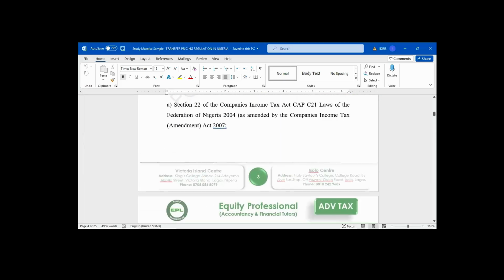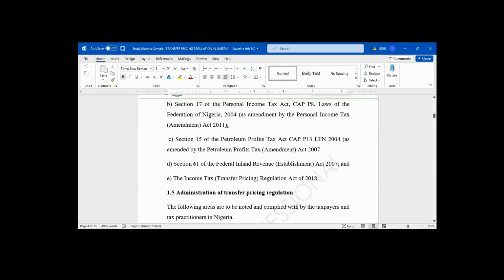First, Section 22 of Company Income Tax, followed by Section 17 of Personal Income Tax, followed by Section 15 of the Petroleum Profit Tax Act, Section 61 of the FIRS Establishment Act, which also discusses transfer pricing, and the last one is the Income Tax Regulation Act 2018 or Transfer Pricing Regulation Act 2018.